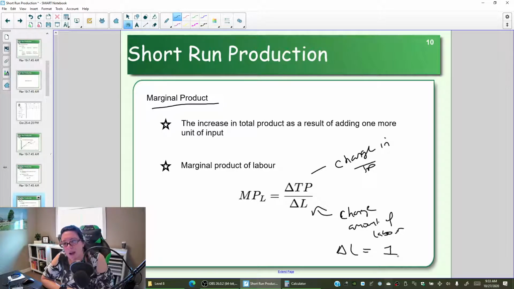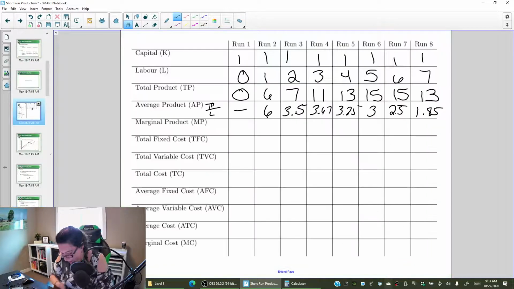So we want to look at how much output changes as we add an additional unit of input. So let's go back to our example here. And so when we find marginal product, it's the change in total product divided by the change in labor. So what happens here is we skip the first one. Now notice when we go from 0 to 1 worker, the change in labor is 1.